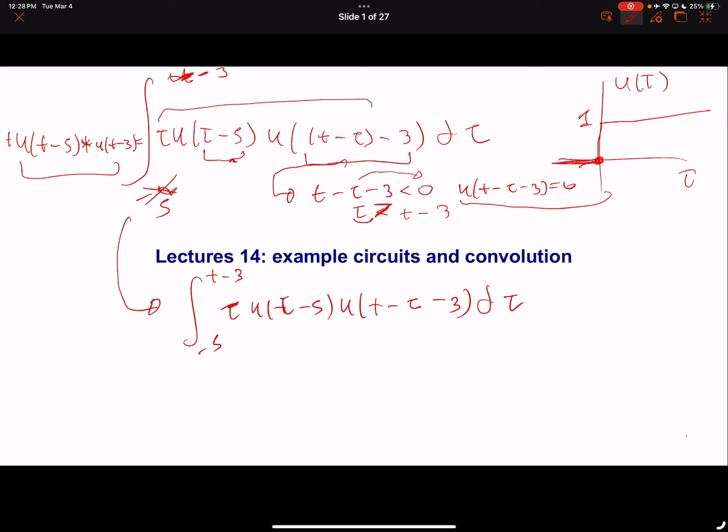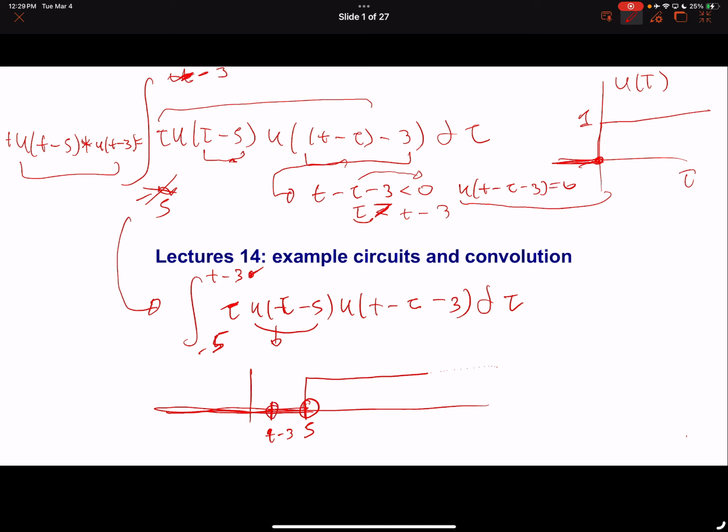Okay, so there's one more thing that we need to make sure of. Remember that when we did this integral, if we look at this first function, it's going to be 0 until 5, right? So if this upper limit that we're integrating to, t minus 3, falls down here, then we're integrating from 5 to t minus 3.